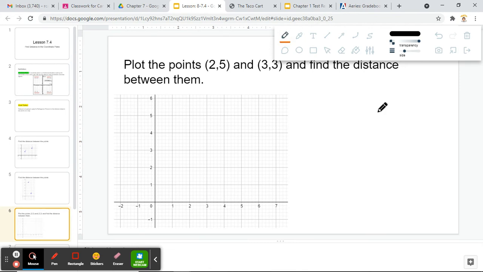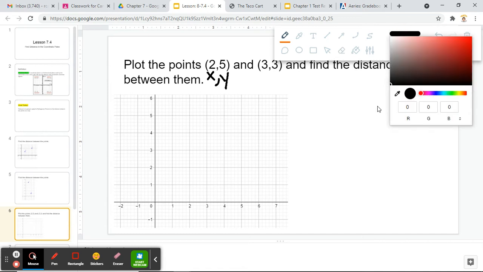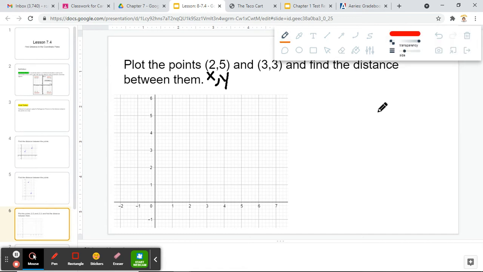All right, plot the points (2, 5) and (3, 3), and find the distance between them. The way we plot our points is we basically just have to line up with these coordinates here. On x, y coordinates, your first coordinate is your x, and your second coordinate is your y. So to plot a point here, if x is 2, then we're going to go over to where 2 is here.